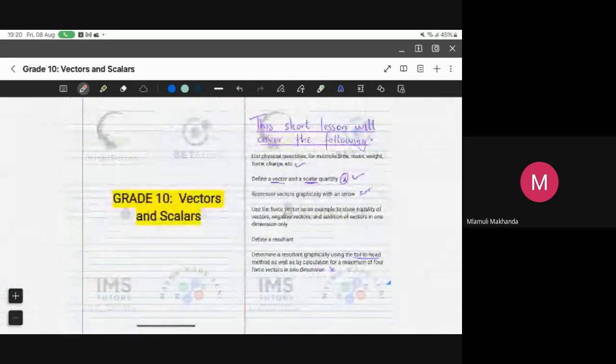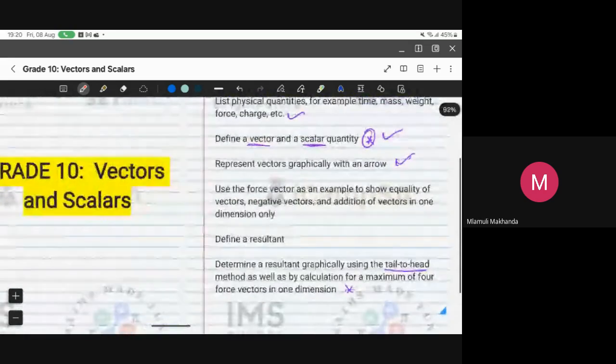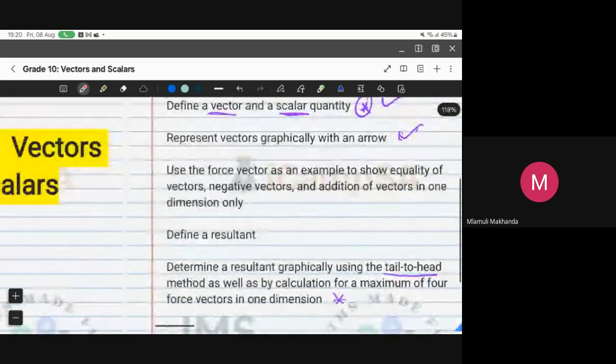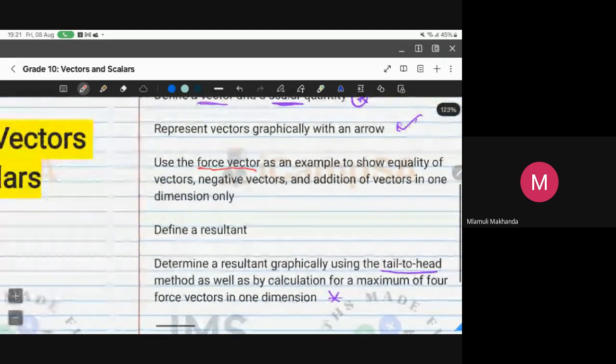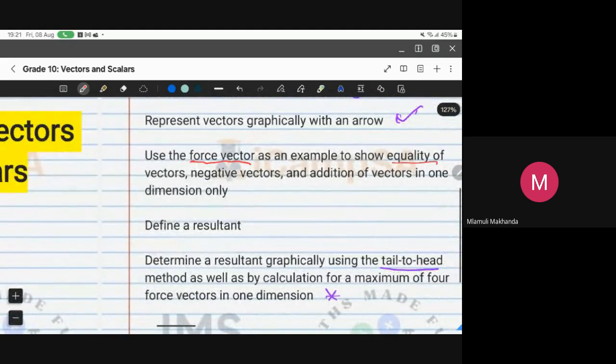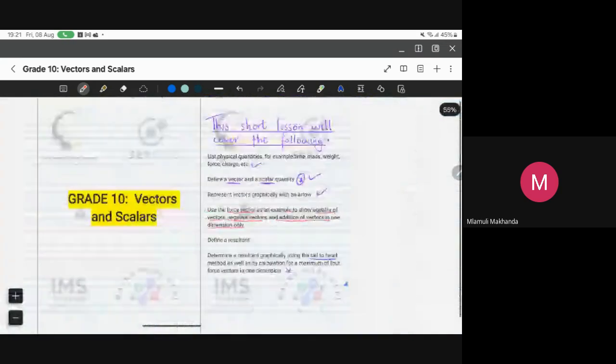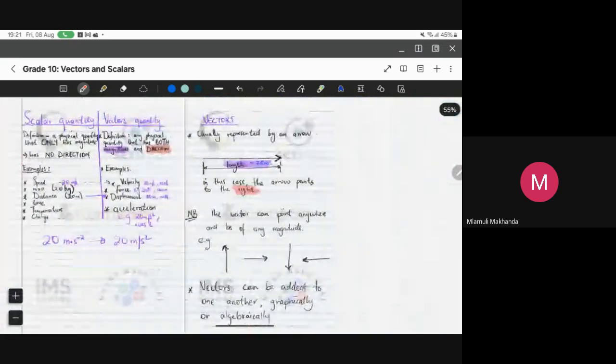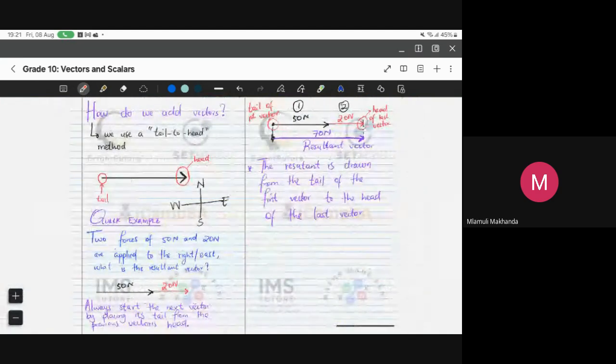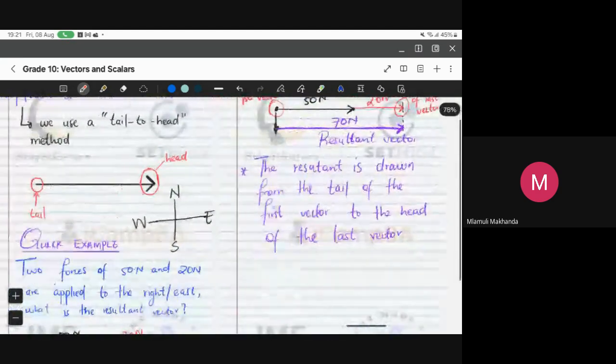So at this point, we've used the force vector as an example to show the equality of vectors. Okay, we haven't done negative vectors, but we have done the addition of vectors in one dimension. So let me show you what it means to have a negative vector. It's basically the same thing.